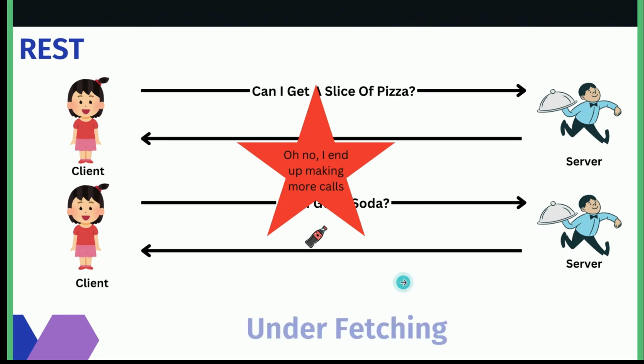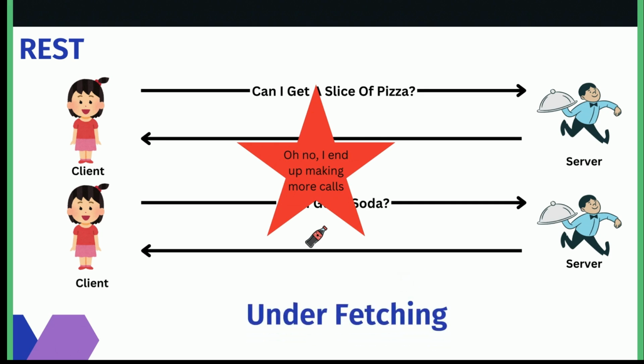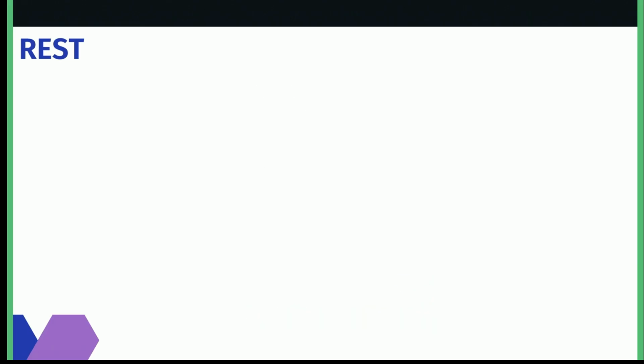So we call this the underfetching problem. Here, we are trying to solve the overfetching problem, but we are ending up creating an underfetching problem because some clients are not fetching the information in one API call, rather they are making multiple API calls. So these are the two major problems we face with the REST API architectural style.